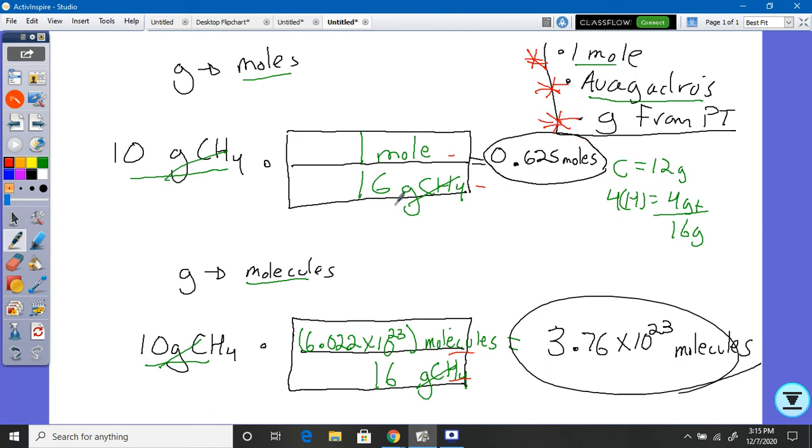Those are the only three choices you have in this space when doing conversions. That basically is the secret to doing chemistry problems. Whatever you want to cancel, the unit must always go on the bottom. Whatever you're trying to find goes on the top. And you are only limited to using 1 mole, Avogadro's number, or grams found on the periodic table.